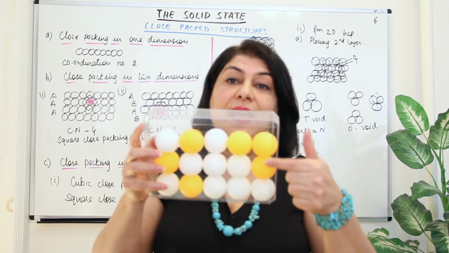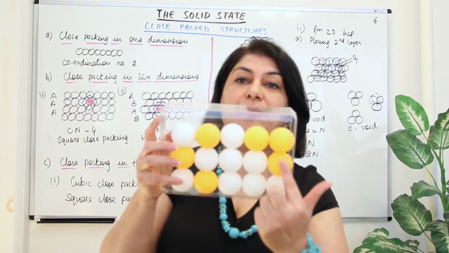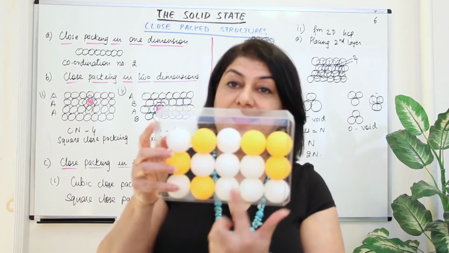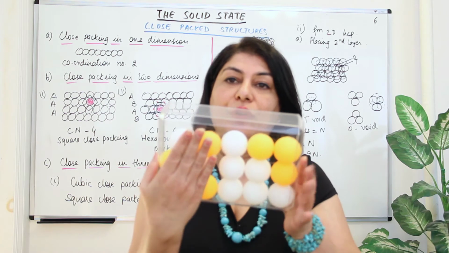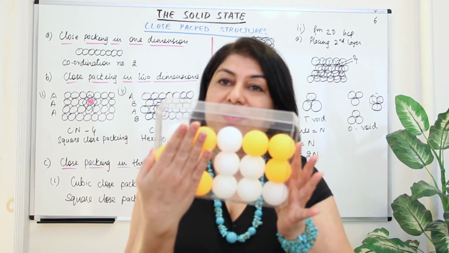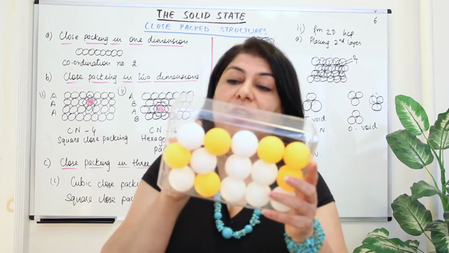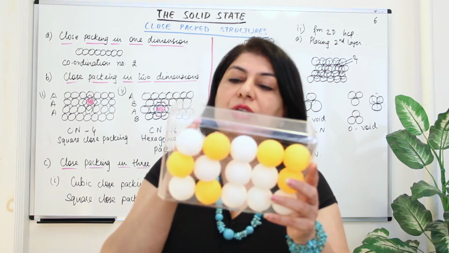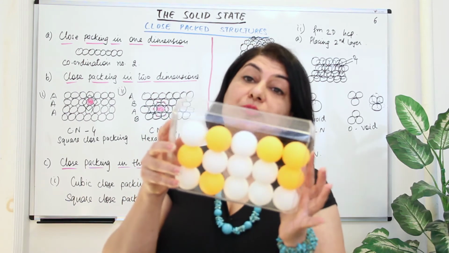So we find that each ball in both directions is following the same pattern. And therefore, if you had only 3 and 3 here, you would have got a square close packed structure. Do you see this? They're moving because there's space here. So that is a square close packed structure.